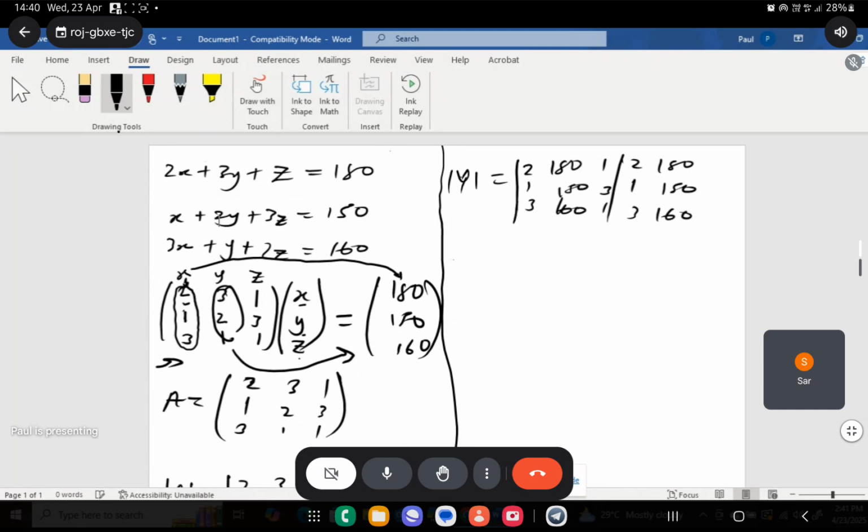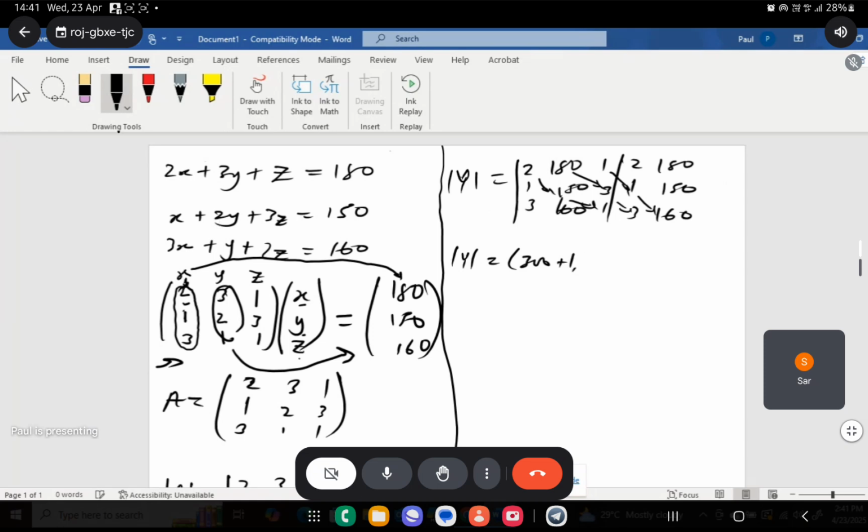So from here we can find the matrix. So Y becomes this, this, right? The second one too will be this, and the last one this and this.